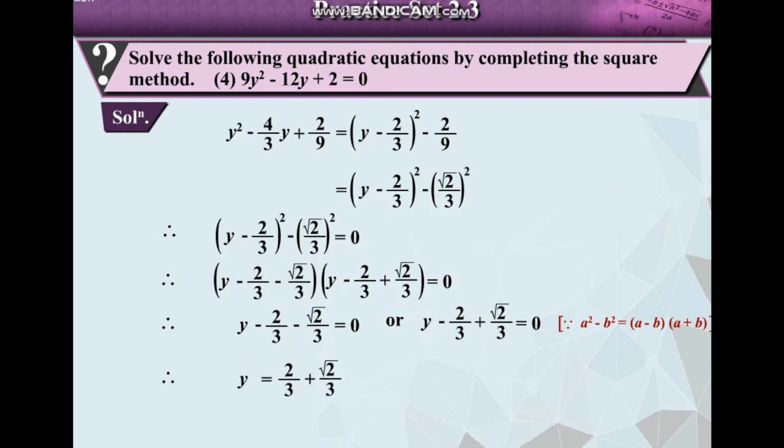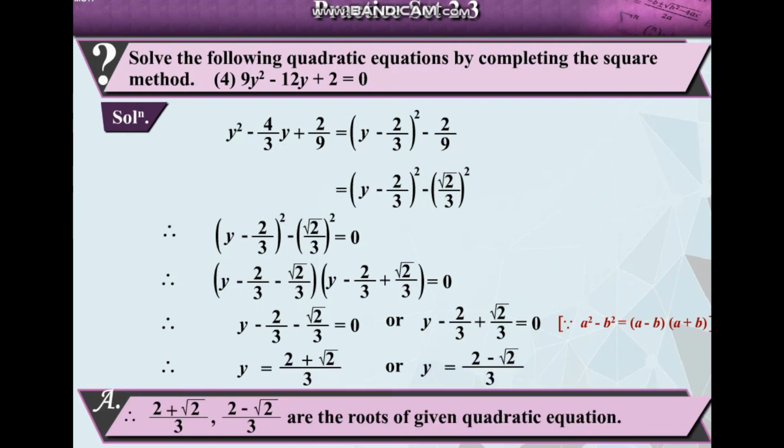Therefore, y is equal to 2 upon 3 plus root 2 upon 3, so y is equal to 2 plus root 2 the whole upon 3. Y is equal to 2 upon 3 minus root 2 upon 3, so y is equal to 2 minus root 2 the whole upon 3. Therefore, 2 plus root 2 the whole upon 3 and 2 minus root 2 the whole upon 3 are the roots of the given quadratic equation.